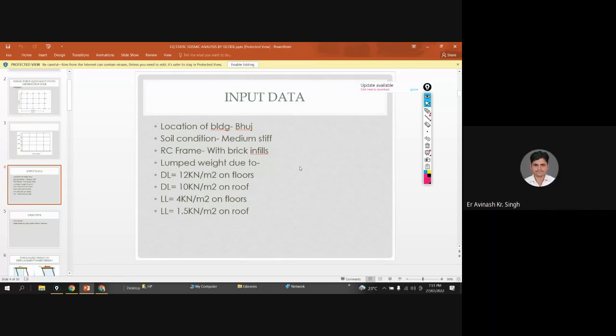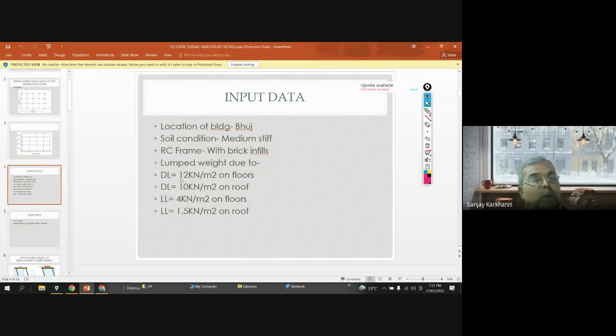Right? Yes, sir. Now this 12 consists of 50% below and 50% above. This live load also consists of 50% live load below and 50% live load above. So that's why these figures are considered.